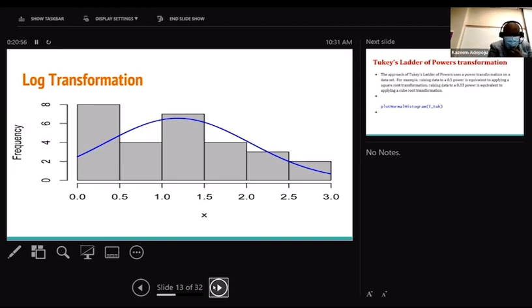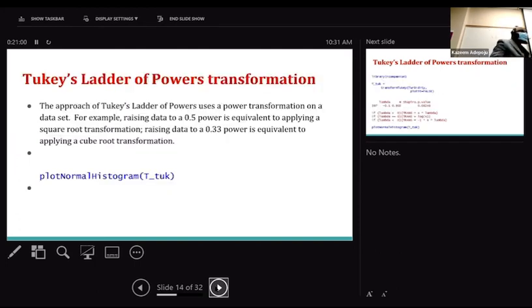Okay, but let me tell you this. Whether you are using the square root, the cube root, or the log transformation, those are the traditional way to handle that. But in the modern day statistical world, those approaches have been improved upon.